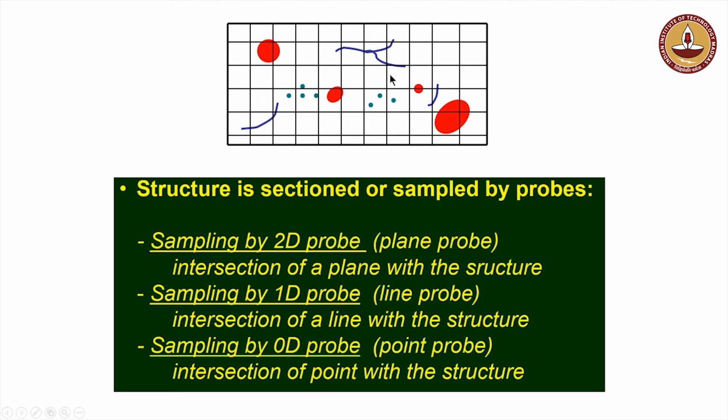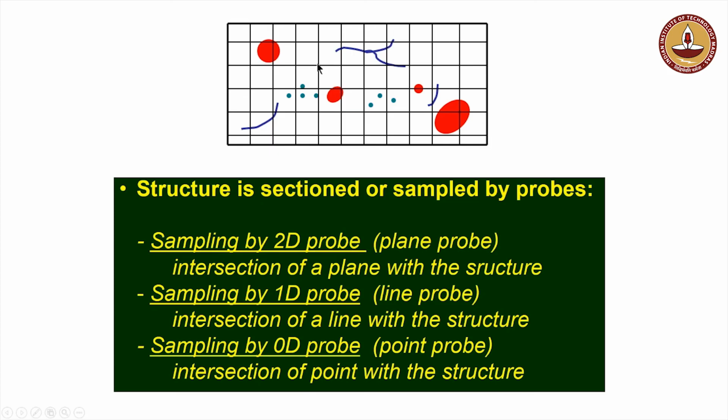Then finally, sampling by a 0-dimensional probe, or the point probe. If I look at the intersection of these horizontal and vertical lines, they intersect at a point. So, I can consider these intersections as points, and these are all the point probes. This is a point probe, this is a point probe, and this is a point probe.